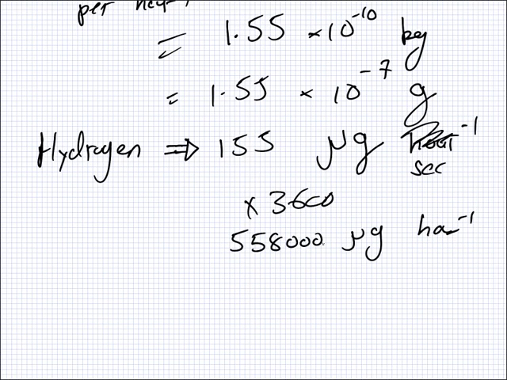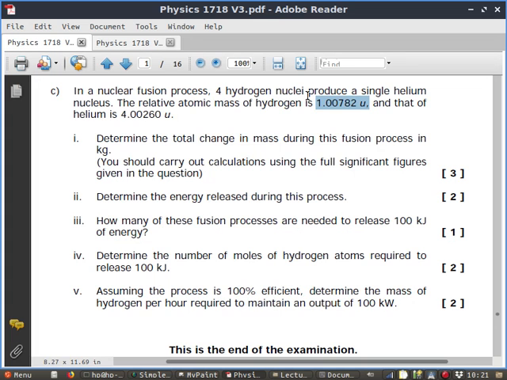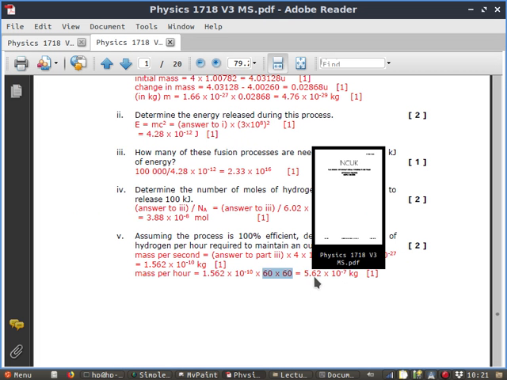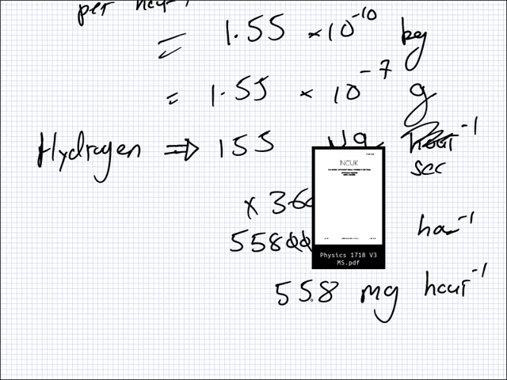This is too big. If I take out 3, micro becomes, what's before micro? Milli. 558 milligrams per hour. Yeah, okay, 562. Mine is a little bit different, 562, 558.